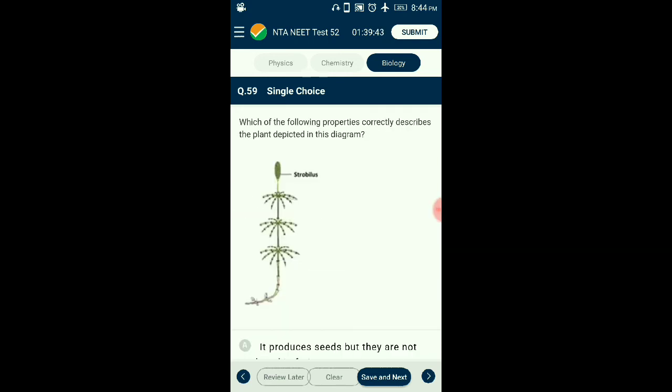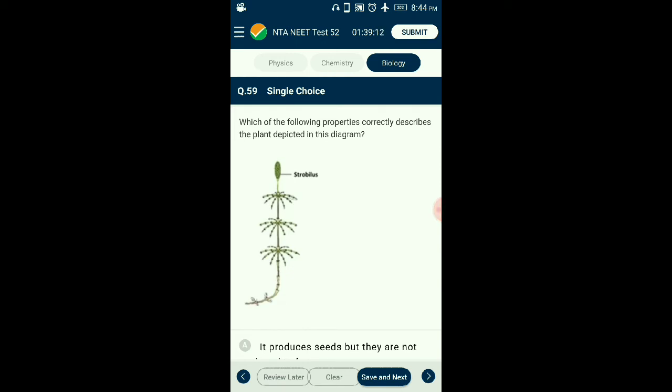Question number 59. Which of the following properties correctly describes the plant depicted in this diagram? The diagram given is Equisetum. It is a pteridophyte which is placed under the class Sphenopsida. It is a vascular cryptogam, so that means having vascular tissue but not producing seeds. It has a haplodiplontic life cycle in which the gametophyte and sporophyte are independent of each other.